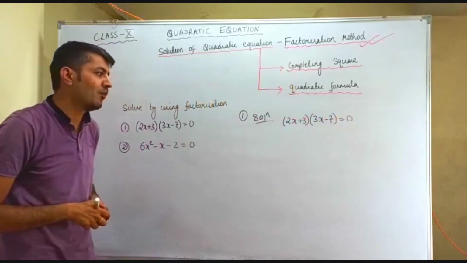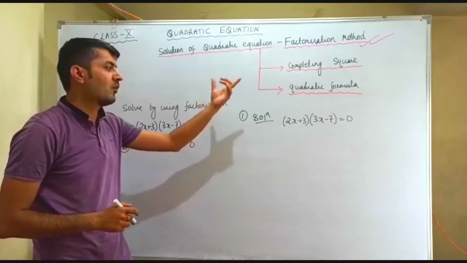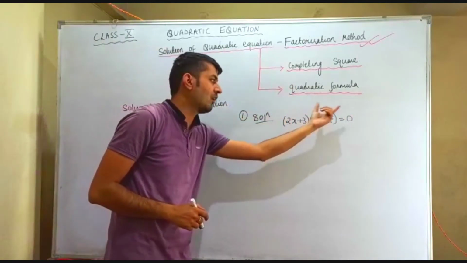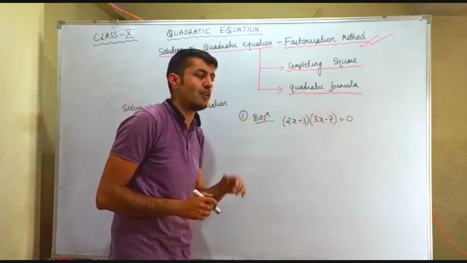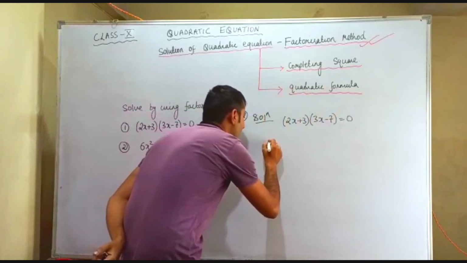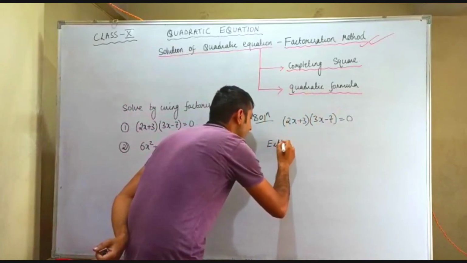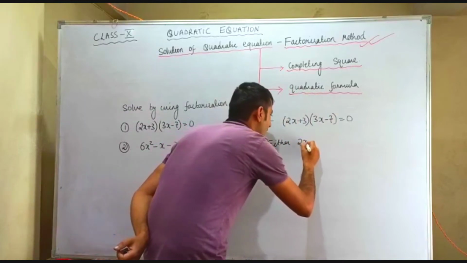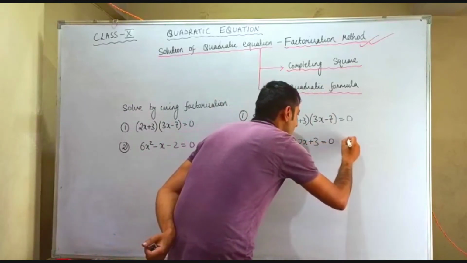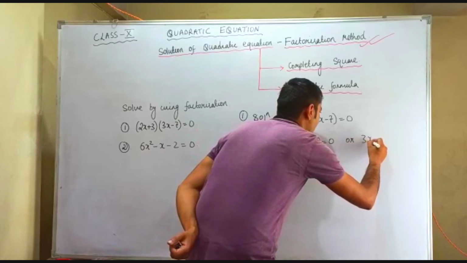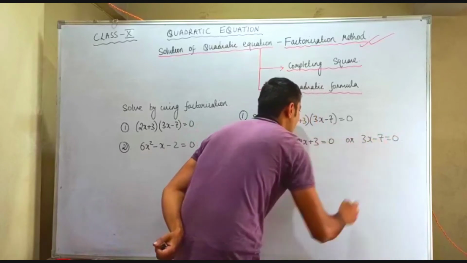So what are the values of x? What do you know? Either this must be equal to 0 or that must be equal to 0. So either 2x plus 3 must be equal to 0 or 3x minus 7 must be equal to 0.